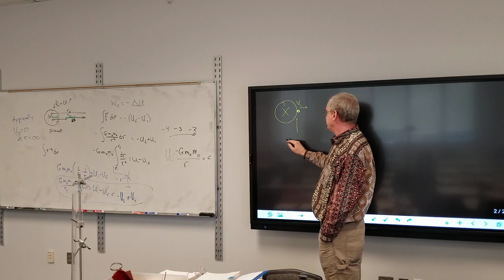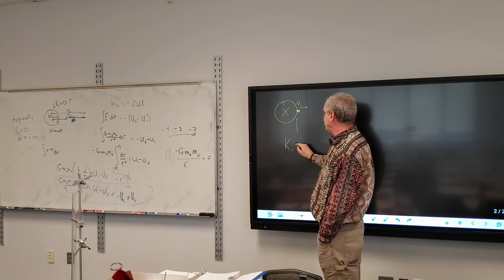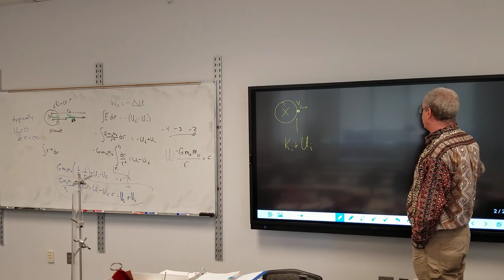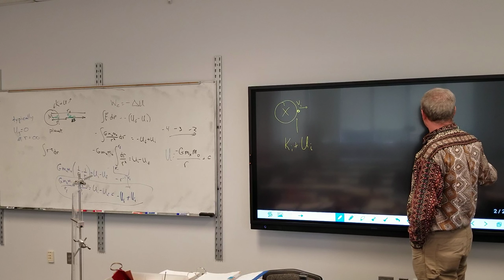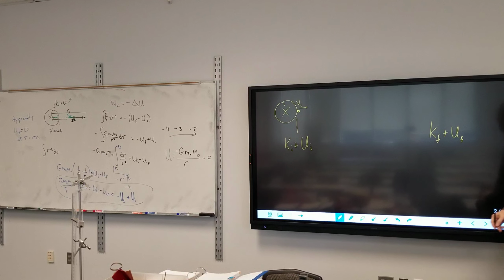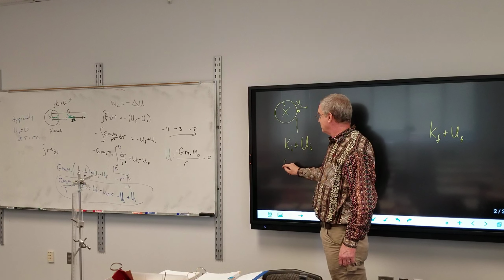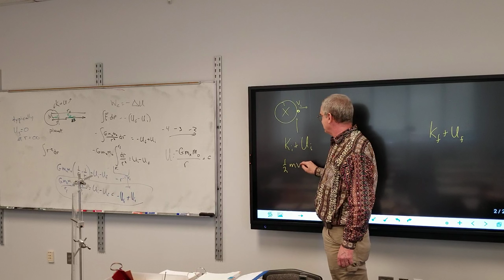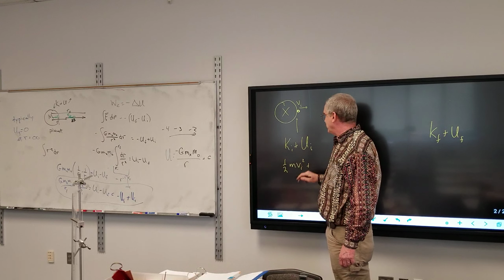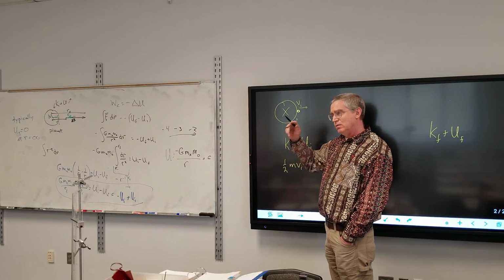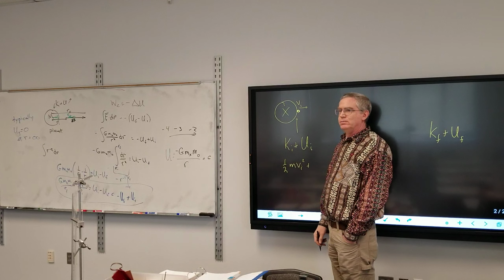Well, let's look at the energy. I have kinetic initial plus initial potential. And then somewhere over here, I've got kinetic final plus potential final. So, what's the formula for kinetic energy? 1/2 mv squared. And what's the formula for potential energy? Which one? The one associated with the generalized formula for gravitational pull.